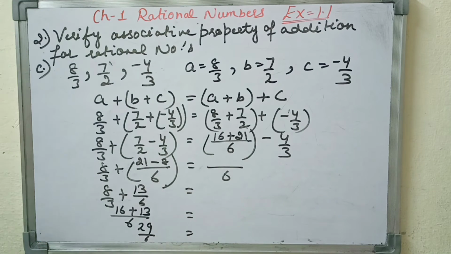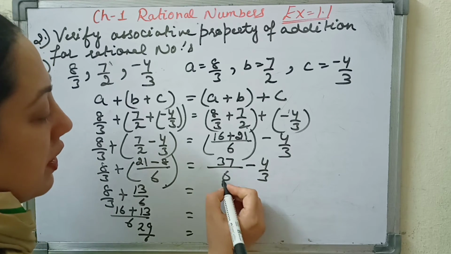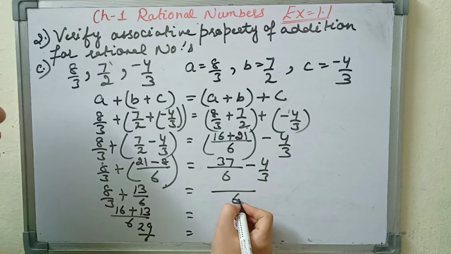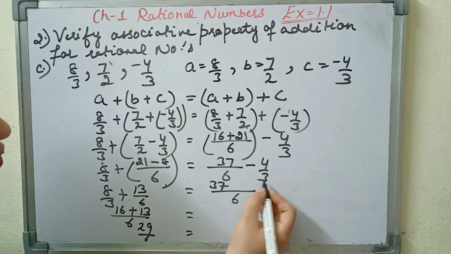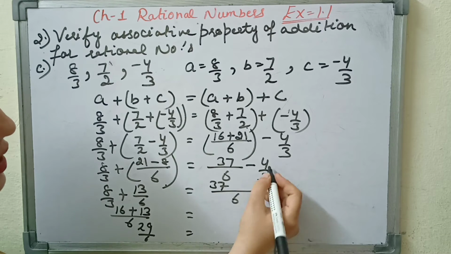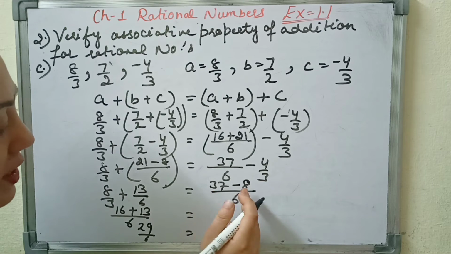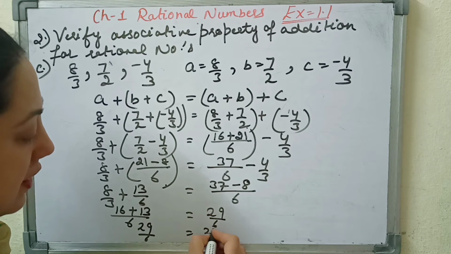Now, add 16 and 21, we get 37 over 6, minus 4 over 3. Again take the LCM of 6 and 3, it is 6. 6 divided by 6, we get 1, and 1 multiplied by 37 is 37. 3 twos are 6, and 2 fours are 8. Now again, do the subtraction, 37 minus 8, it is 29 over 6.